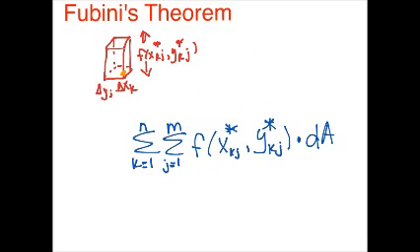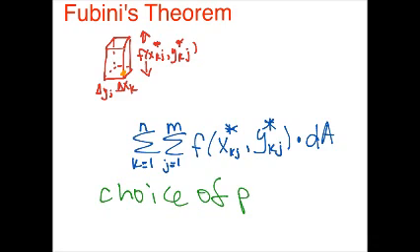An important thing to note and to point out is not just that n and m are approaching infinity, but there's a choice of partition, and we divide the rectangular region, this one right here, and the one shown before, into these tinier and tinier pieces, and the way we do that is completely free as long as they get smaller and smaller.